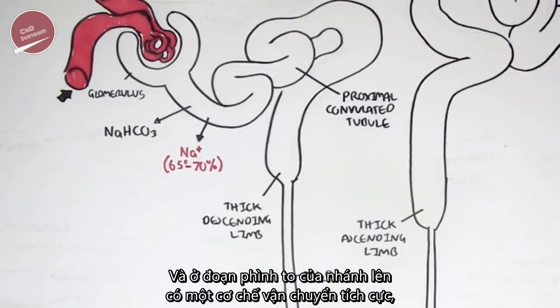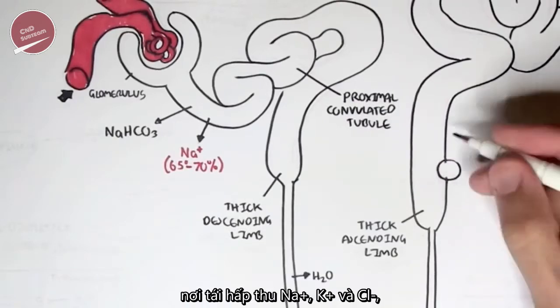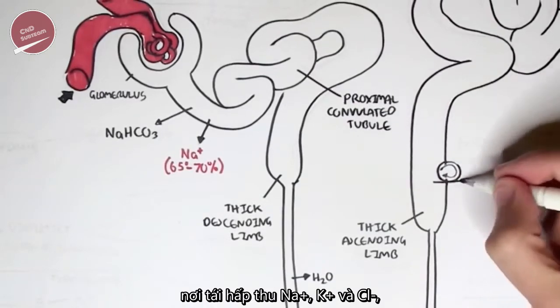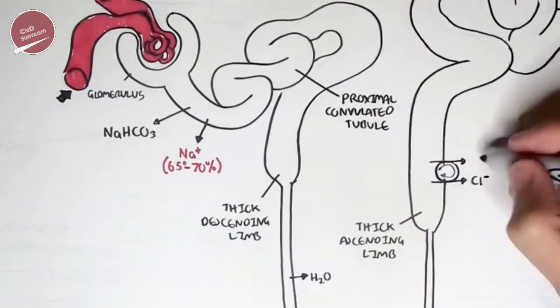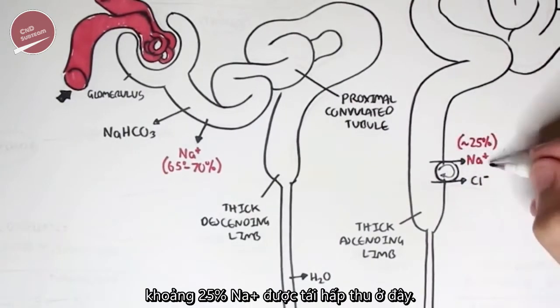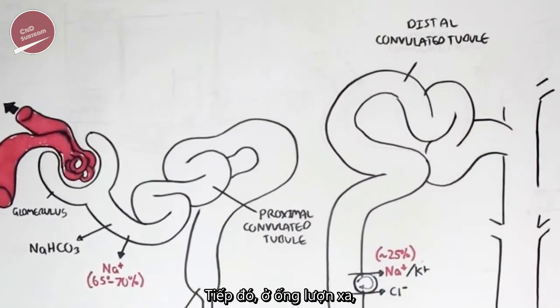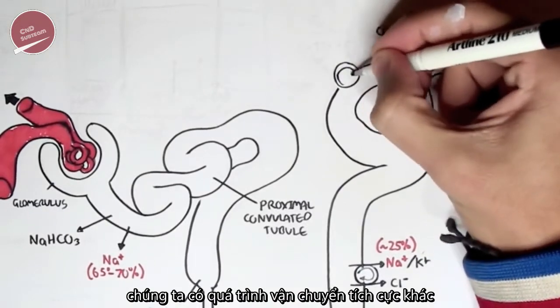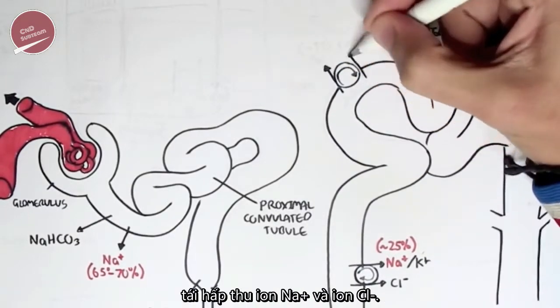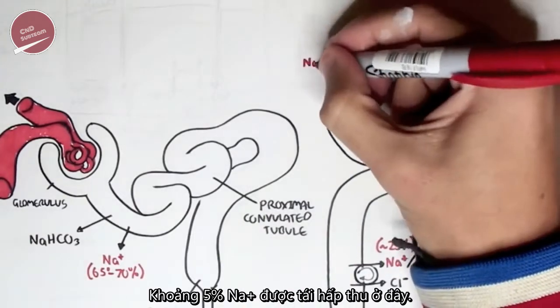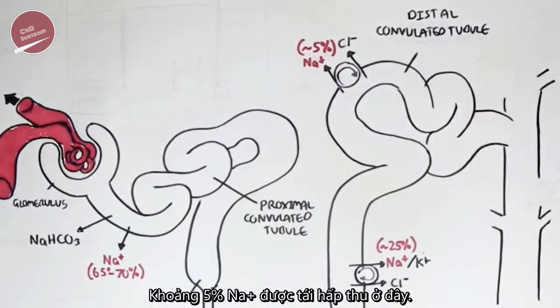And in the thick ascending limb, we have a transporter, a symporter, which reabsorbs sodium, potassium, and chloride. About 25% of sodium is reabsorbed here. And then we have in the distal convoluted tubules another symporter transporter, which reabsorbs sodium and chloride ions. About 5% of sodium is reabsorbed.